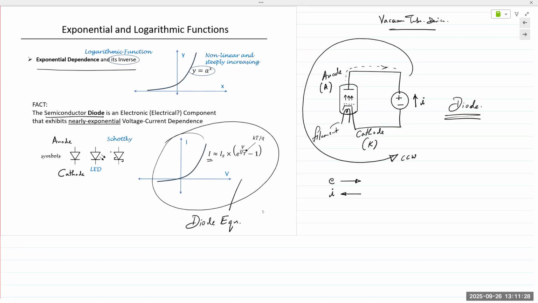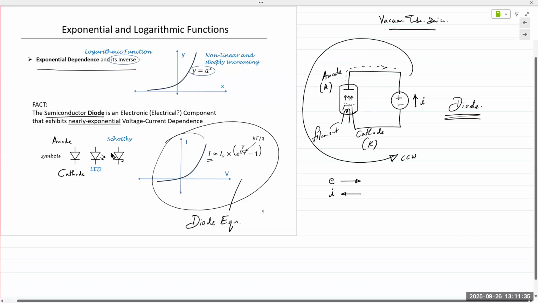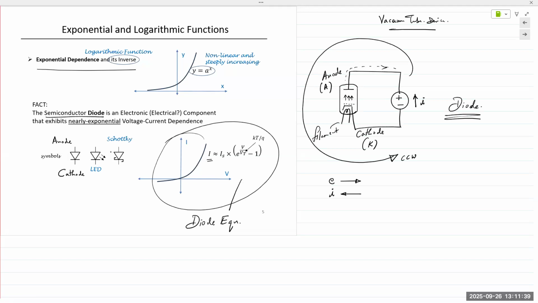Okay. So here we talked about the diode, and this is the standard symbol for a diode, right? The arrowhead with a perpendicular or horizontal line running across the tip of the arrow. If we have arrows pointing out from this diode, it indicates that it's emitting light.